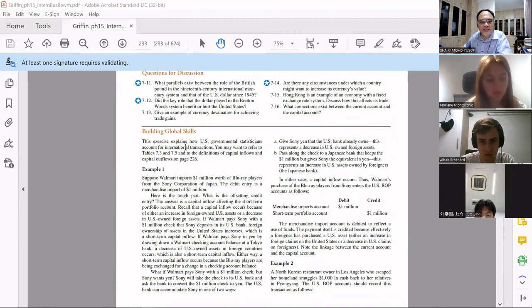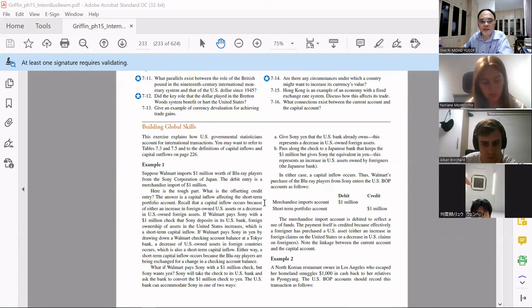This exercise explains how US government statisticians account for international transactions. You may want to refer to tables 7.3 and 7.5 and to the definition of capital inflows and capital outflows on page 226 when you try to answer the questions.